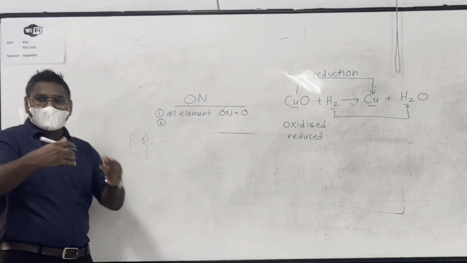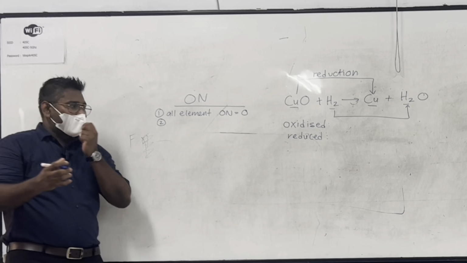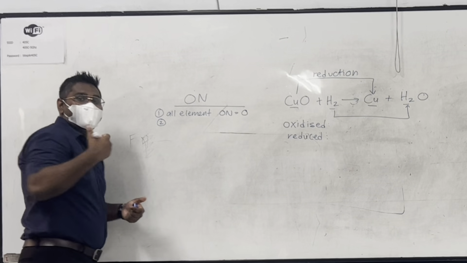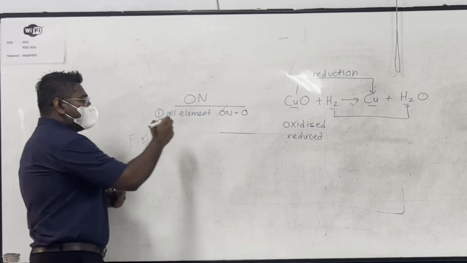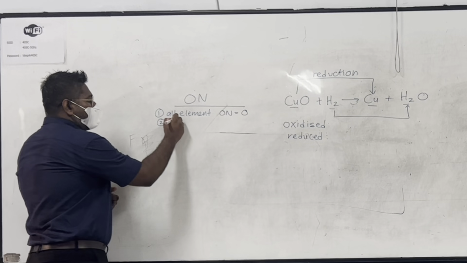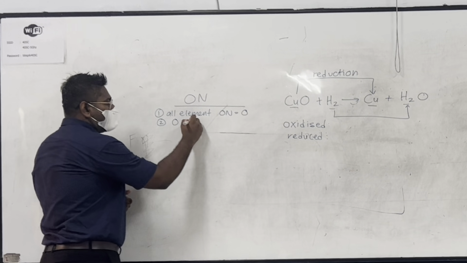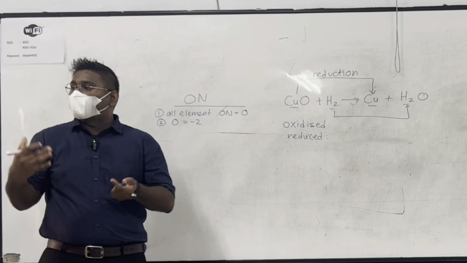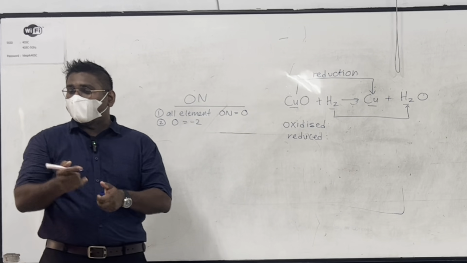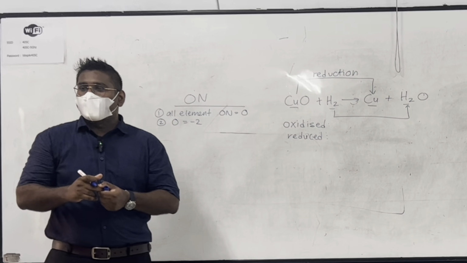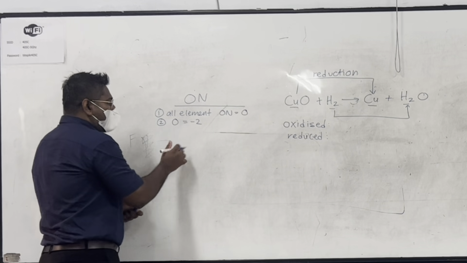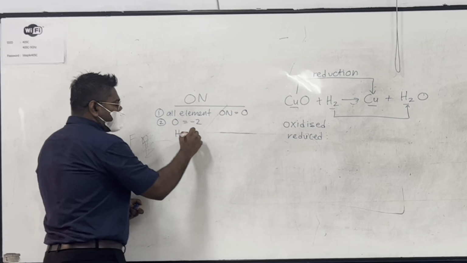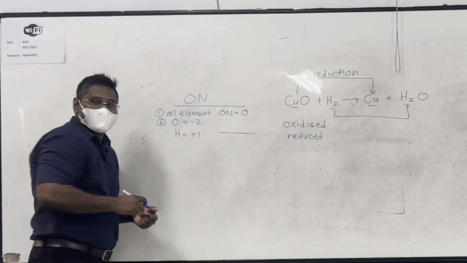Within that compound itself, there are certain things that you can remember. Oxygen in a compound is always going to be -2. Let's talk about what is always first; later, I'll come into exceptions. When it comes to a compound, hydrogen is always going to be +1.